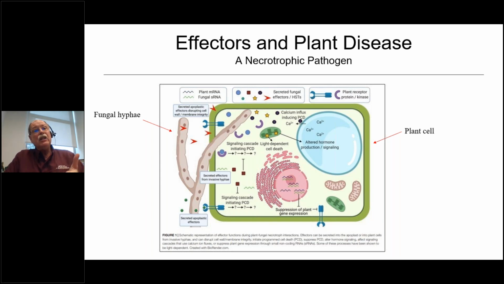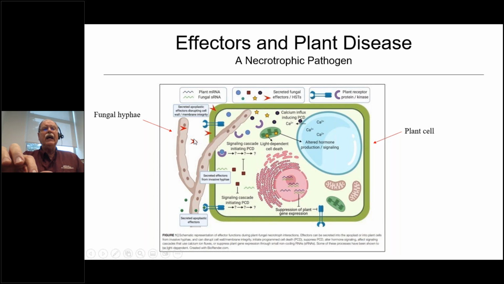For example, they might be the hydrolytic enzymes that I mentioned. They could be proteinaceous enzymes, in other words, enzymes that break down proteins. But nonetheless, we've got some of these things, and the term plant pathologists use for this are effectors.